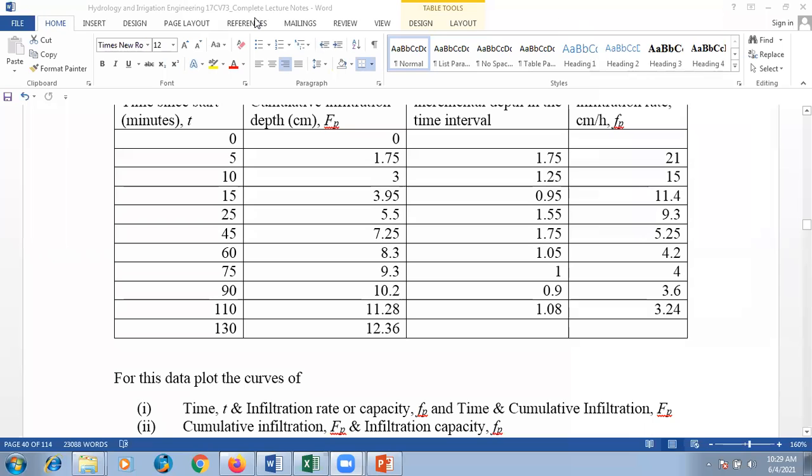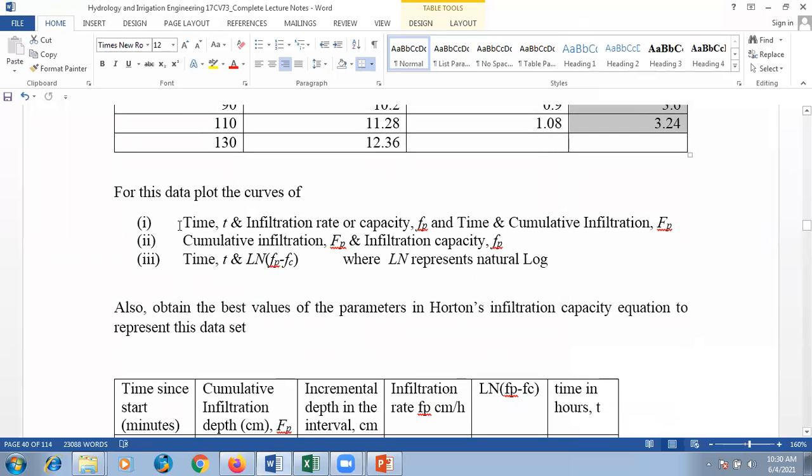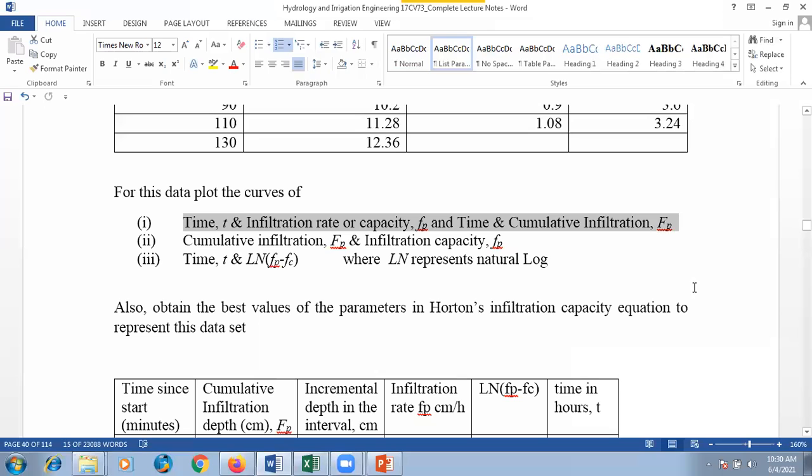Okay. Then using this, how are we going to plot time t and infiltration rate? See here, we have to plot few graphs, just as we represented data in the first module. Here also, for abstractions of precipitation, the presentation of the data is very important.